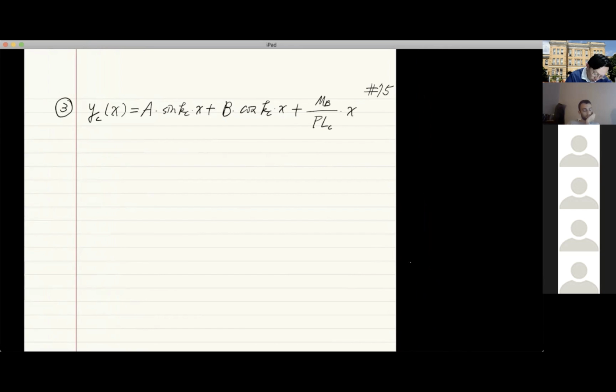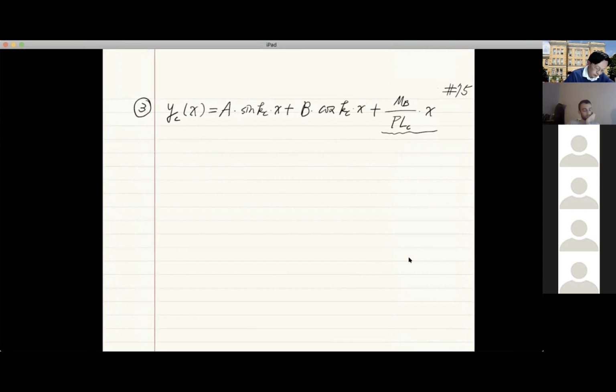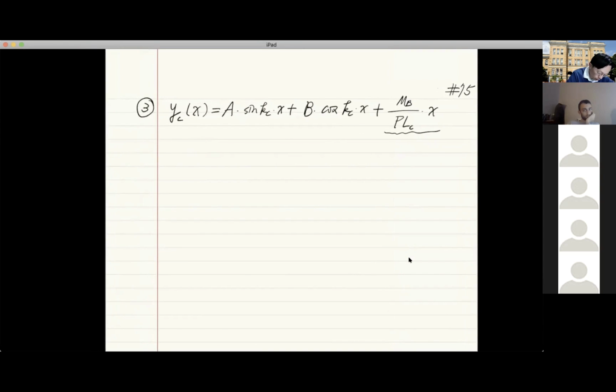So if this part is not clear to you, remember I said that before. To find out the coefficient associated with the x is basically by dividing the coefficient of the x in the differential equation by Kc squared. And what's Kc squared?